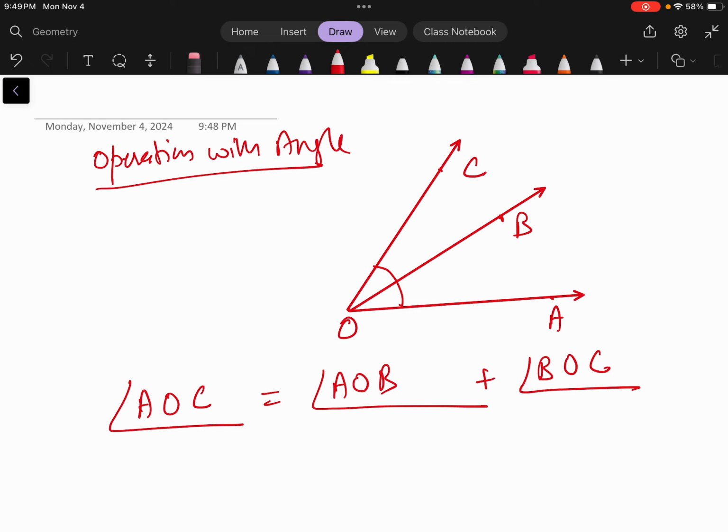Understood? So it is equal to angle 1 plus angle 2, and we get this final angle, angle 3.